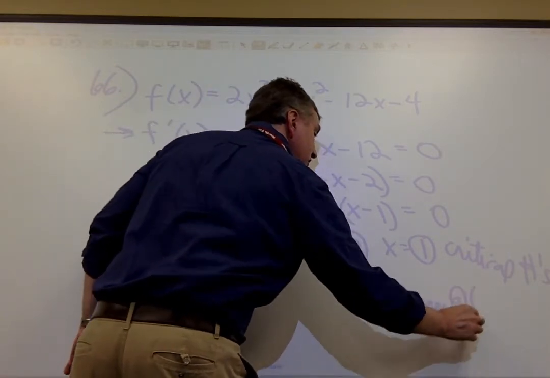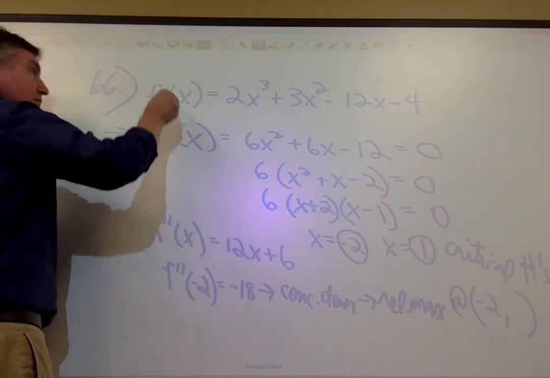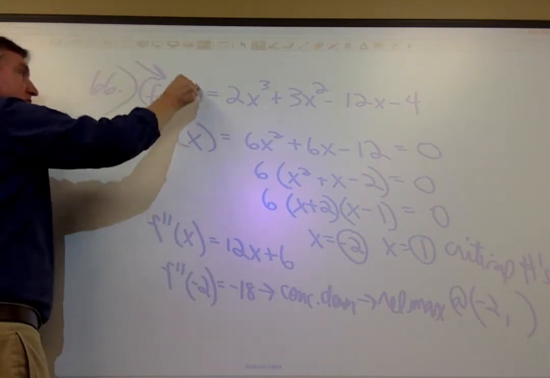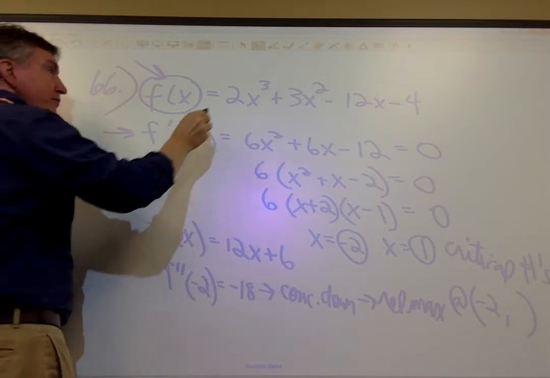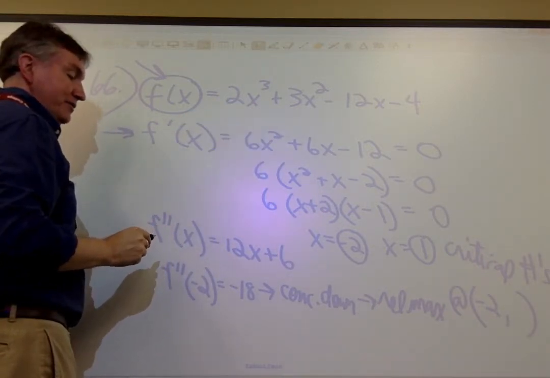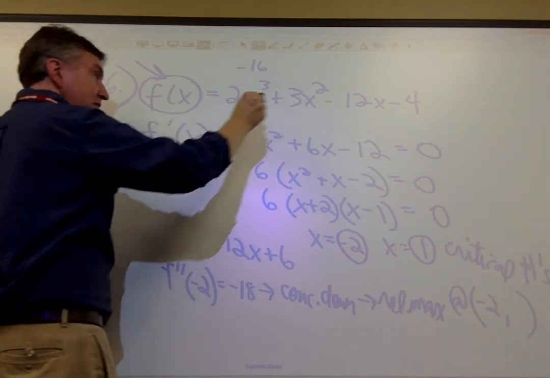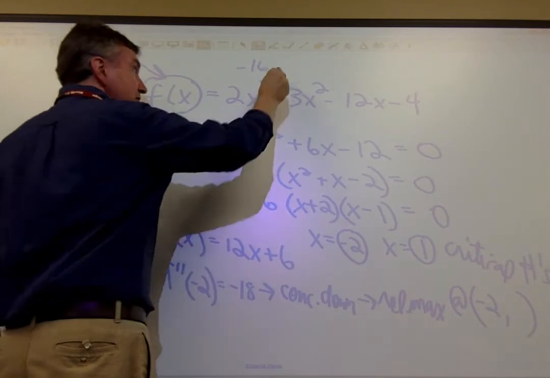At negative 2, where do I put it to get the point? The original function. Negative 8 times 2 is negative 16. 4 times 3 is plus 12.